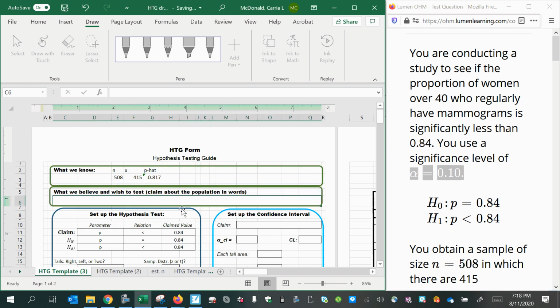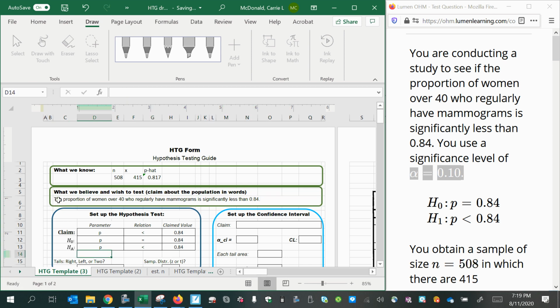And I'll put my claim in words, even though I already did the other steps. The proportion of women over 40 who regularly have mammograms is less, significantly less than 0.84.